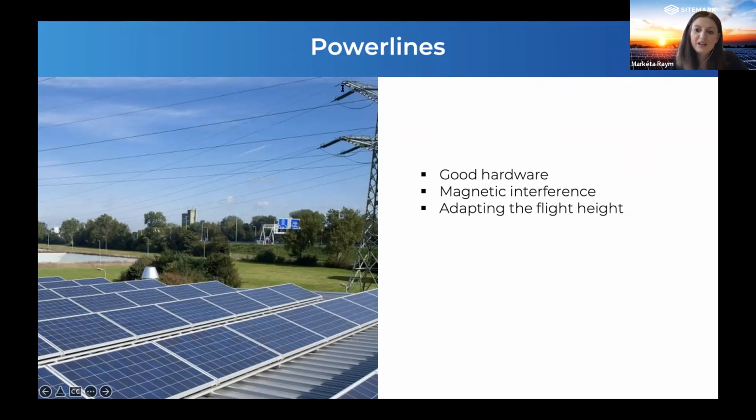We know how to fly it. We have several things, like how to adapt the flight height, for instance, and the good drone to choose for that. We know that the new Matrice 300 has a really good magnetic interference function, so we can fly a little bit near the power lines.